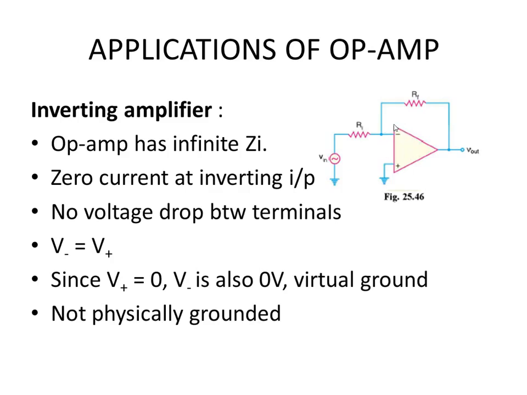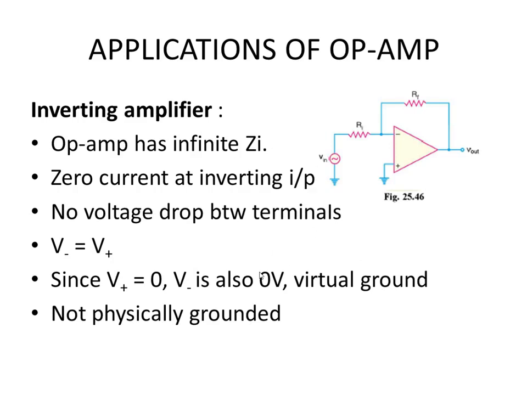Since V plus is 0 volt, V minus will also be 0 volt. So even though the inverting terminal is not physically grounded, the voltage at that point becomes 0 volt. This point is taken as a virtual ground because the voltage at this point is 0 volt, but it is not physically connected to ground, or not directly grounded. That is why it is called a virtual ground.